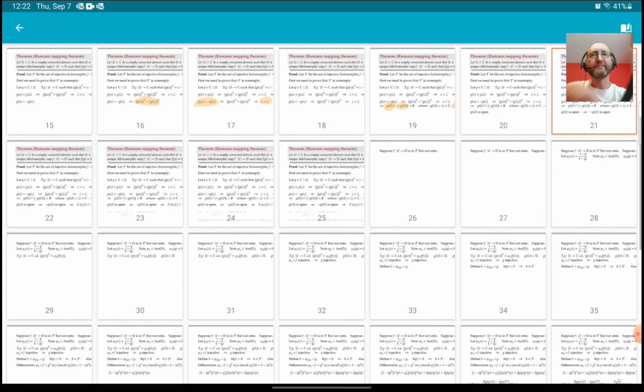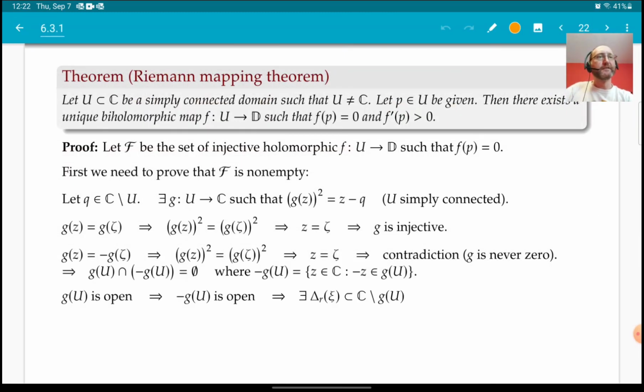So that means that the complement of g of U contains an open set. We've used this argument before, by the way.